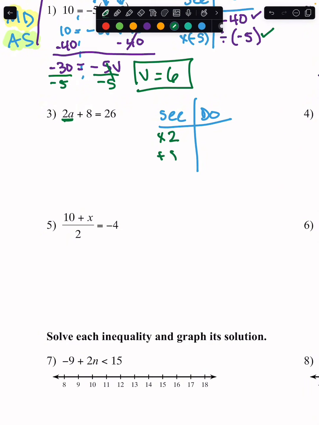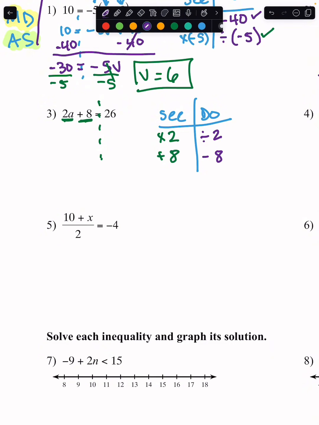So that means I'm going to eventually have to divide by 2, and I'm also going to have to subtract 8 at some point.